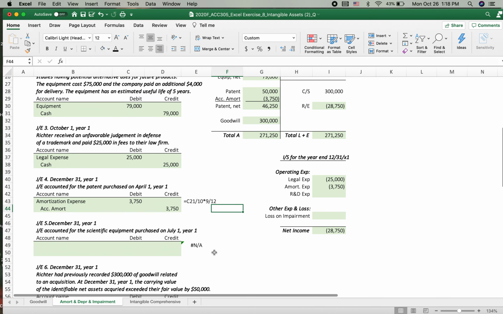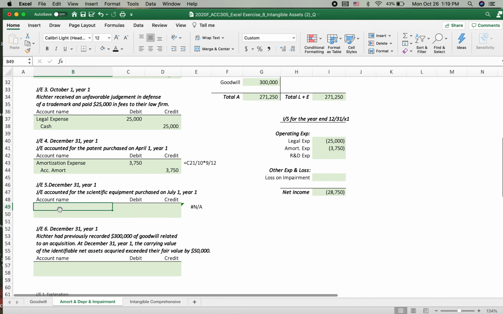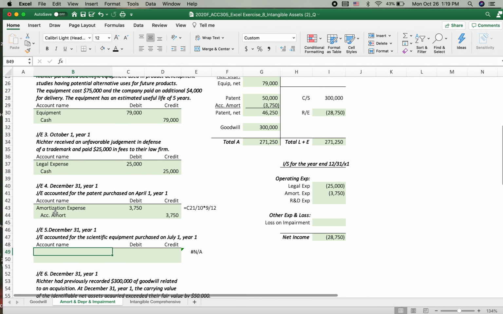And then next, the last transaction accounted for the scientific equipment purchased on July 1st. Now we should adjust this scientific equipment. Now, what account do we need to recognize for the first year use of this equipment?